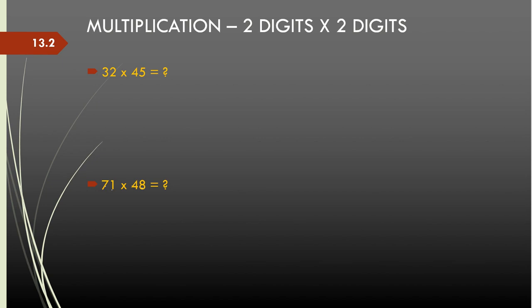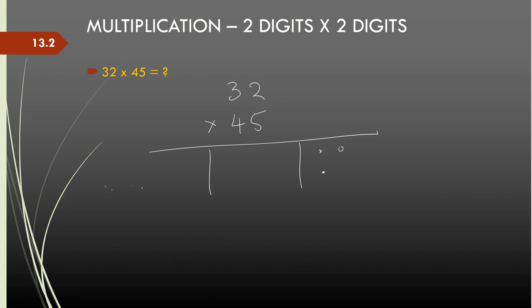So let's take one more example. Let's say I was multiplying 32 and 45. One more time I will draw the pattern. The total number of parts is 3. The rightmost is the product of the rightmost digits.